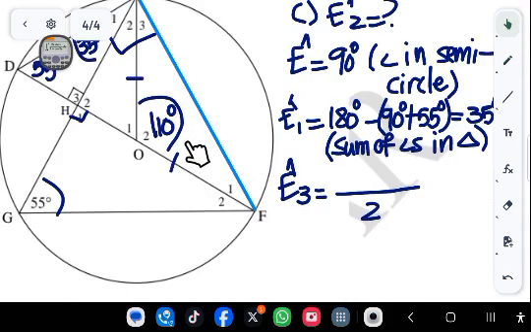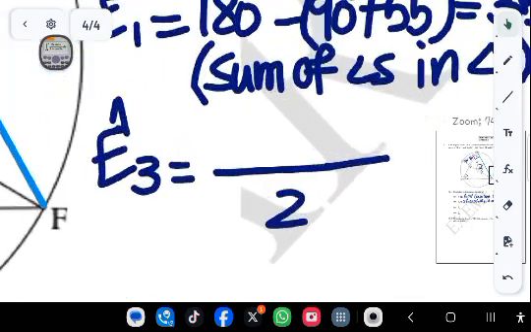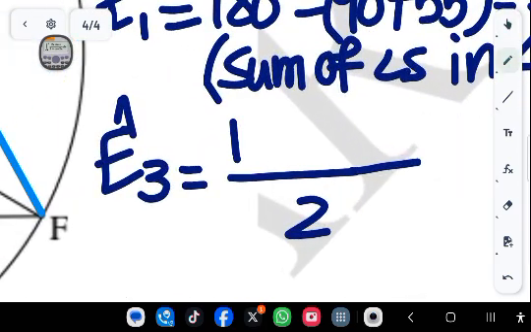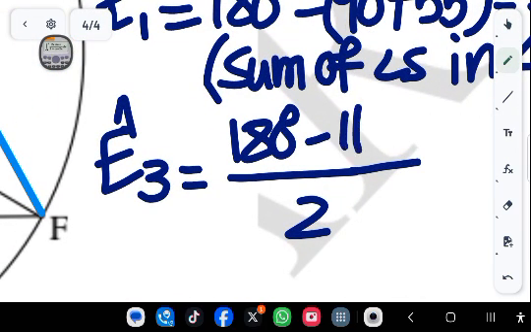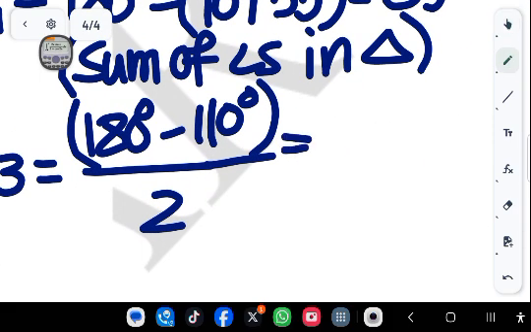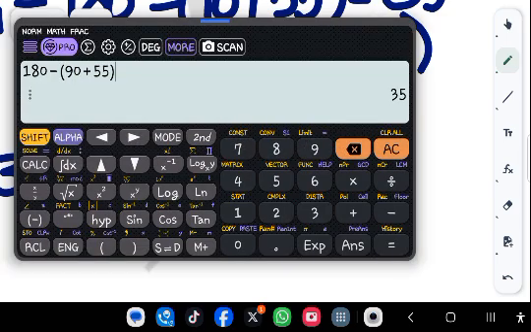It will be 180 minus 110 all over 2. Using the common fraction button, 180 minus 110 all over 2, that will give us 35.